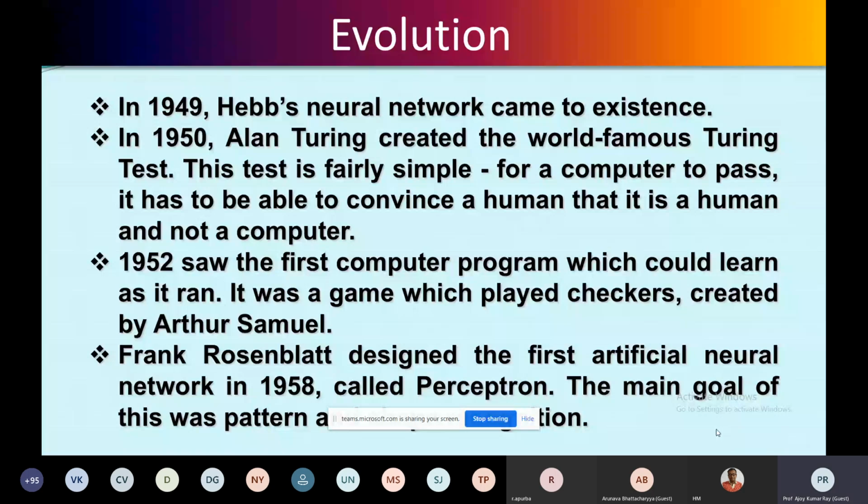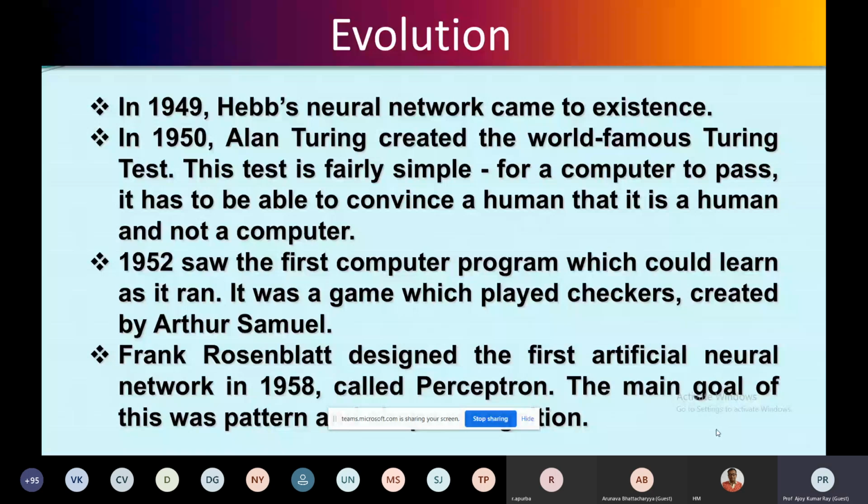So far as current day neural networks or artificial neural networks are concerned, I must say that it was in 1958 that this gentleman, Frank Rosenblatt, gave the development of the first artificial neural network, a very simple neural network, because 1958 was still in its infancy.